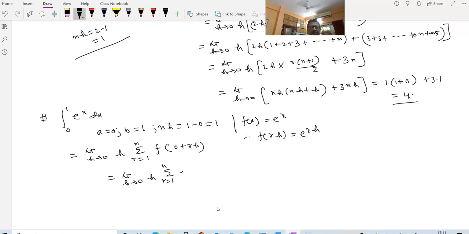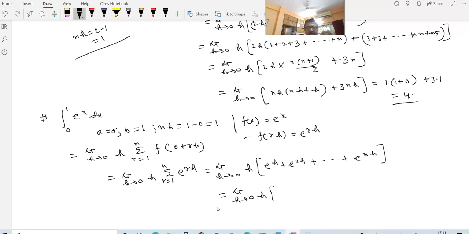this is going to be sigma r equal to 1 to n e to the power rh. This will be h tending to 0, h multiplied by (e to the power h, e to the power 2h, plus e to the power nh).